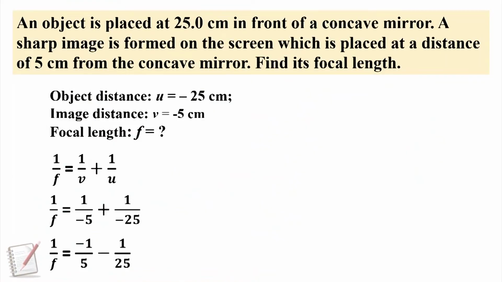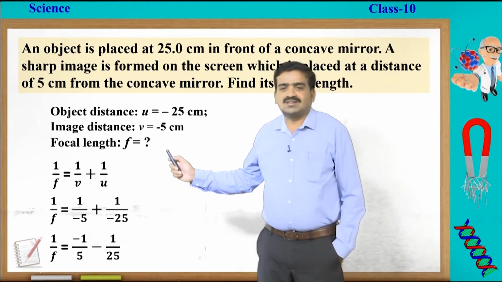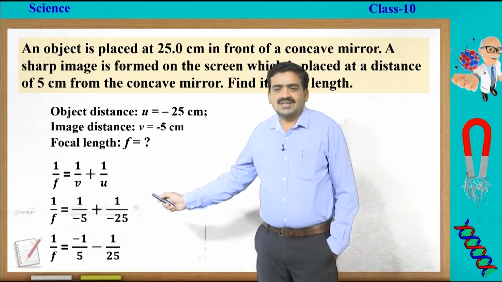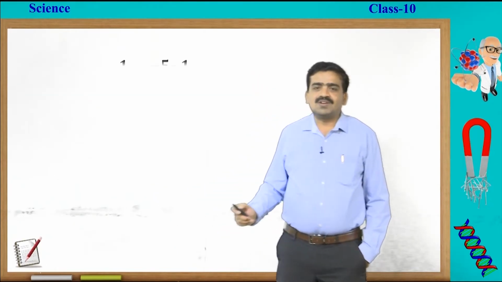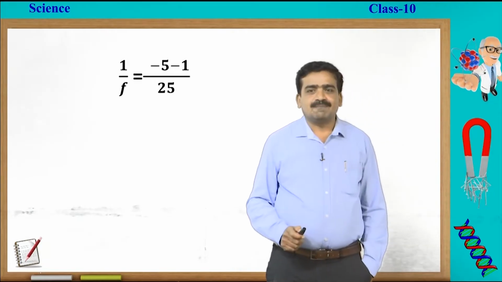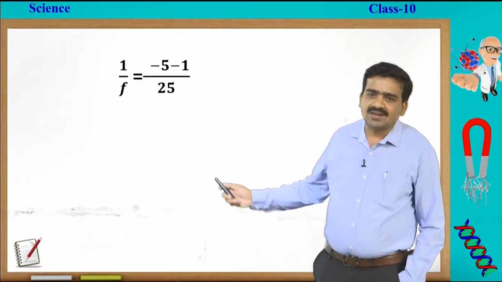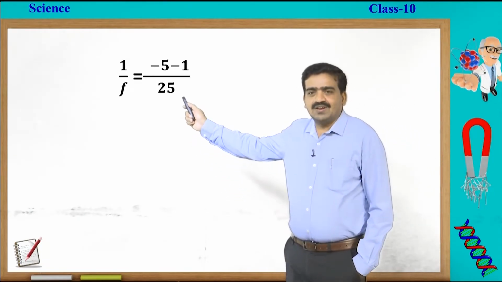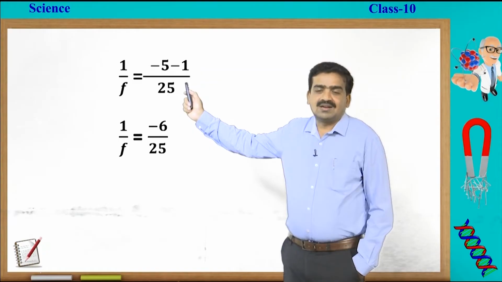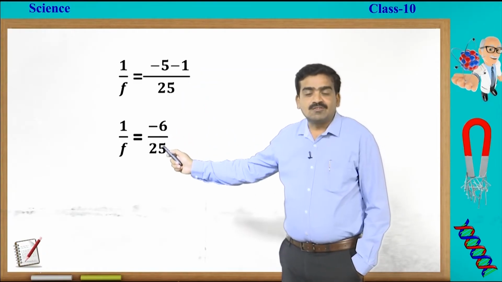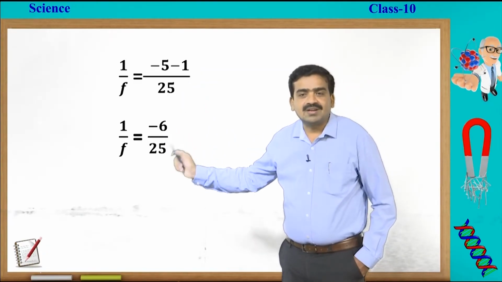Here the minus sign is shifted to the numerator, and in both cases you will get a negative sign like this. Now, after the simplification by taking the LCM for the denominator, we will get 25, and if you simplify the numerator, we will get minus 5 and minus 1, and at the end we will get 1 over f is equal to minus 6 by 25.